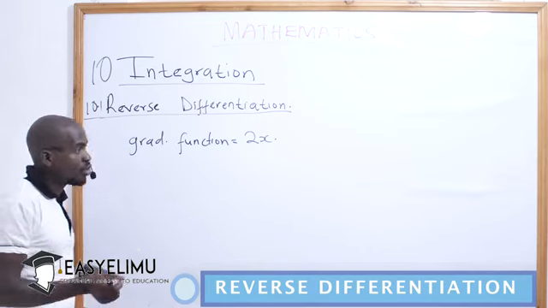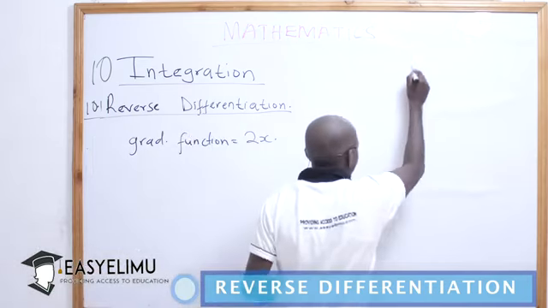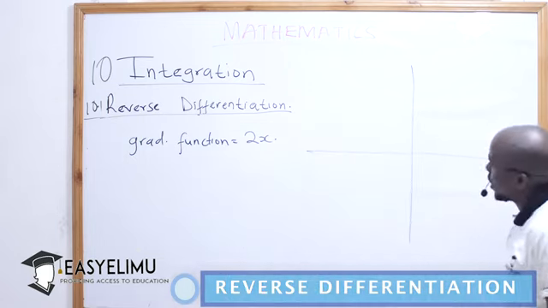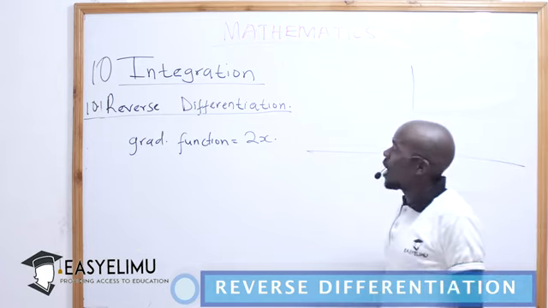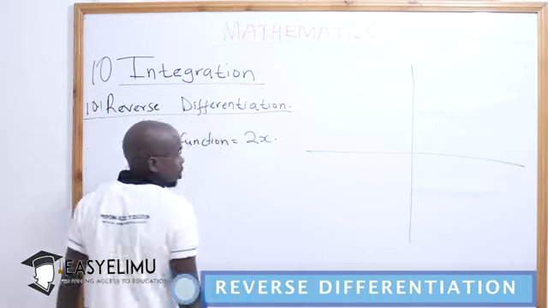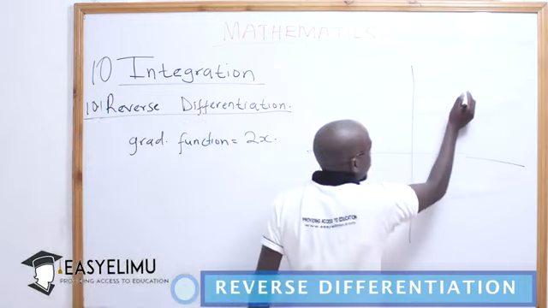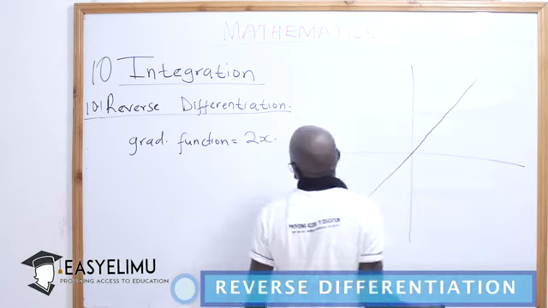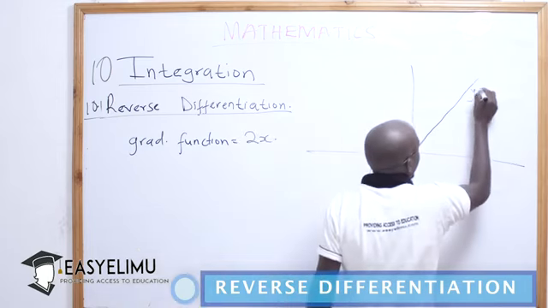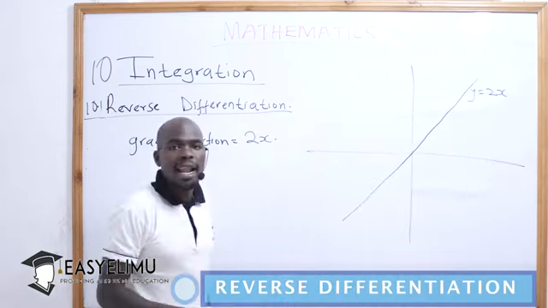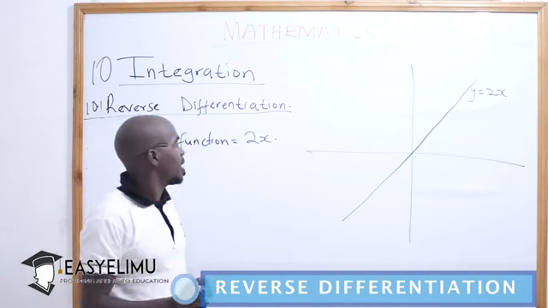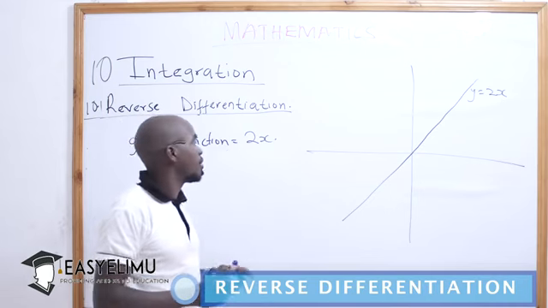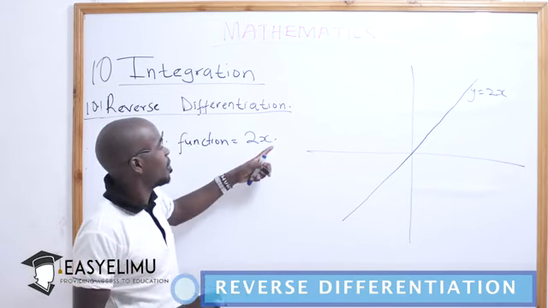And if you do that on a drawing, you will find that if you have this 2x, it can still be a function in case it passes through that line. So if it passes there, we can say this is the line y equals 2x. But other lines can be found by taking the y-intercept of the function.